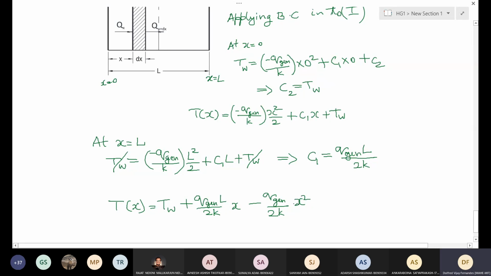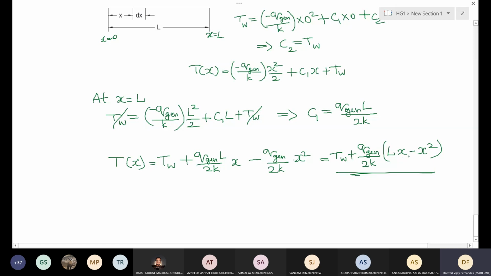So you can take out the common part, Q generation by 2K, and you can write T wall plus Q generation by 2K into L into x minus x square. So this is the temperature profile that we have. You substitute the x value and you have the temperature at that location.